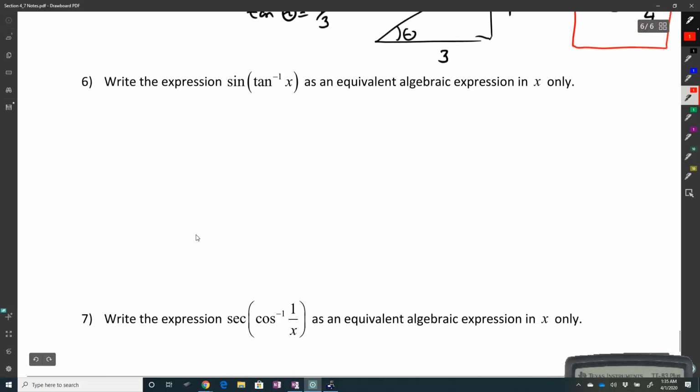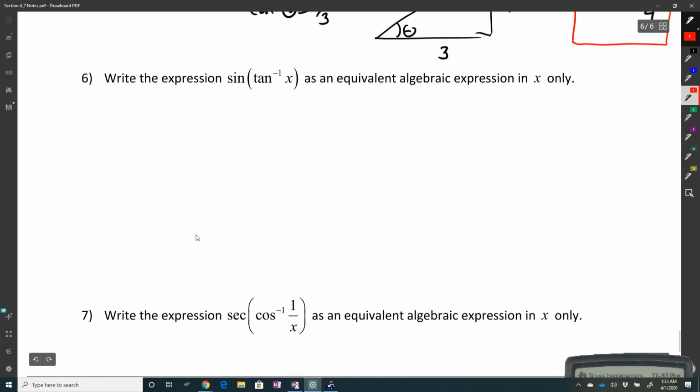So keep chugging. Write an expression of sine inverse tangent of x as the equivalent of x only. So this is exactly the same idea, except now it's just with variables. So sine theta, where theta equals inverse tangent of x, which means tangent of theta is x over 1.